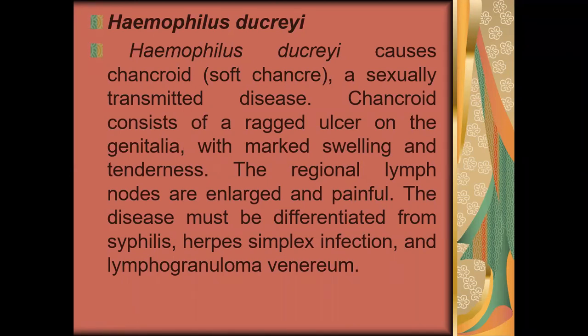Soft chancre or chancroid should be differentiated from the chancre caused by Treponema pallidum in syphilis. Chancroid of Haemophilus ducreyi is soft, while in case of syphilis it is rigid or hard.